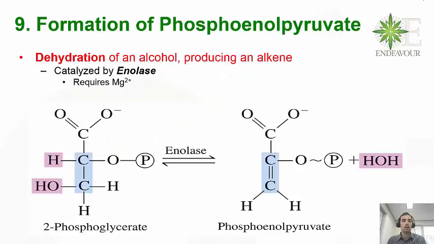So step 9 is a dehydration reaction. We saw dehydration reactions when we were talking about our functional groups. So what actually happens when we dehydrate something? You can probably relate this to when you're feeling dehydrated. It's basically just the removal of H2O.